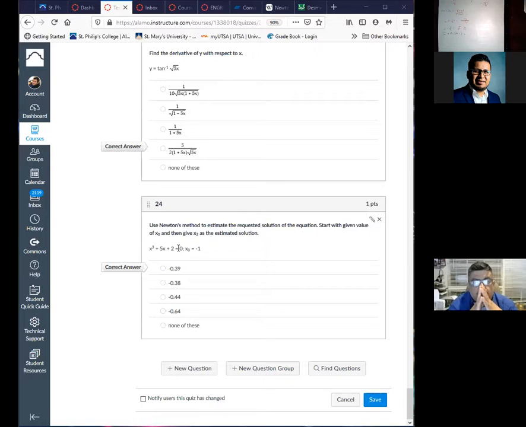And if you were to program this numerical method, you would have to build in a tolerance to tell the program when to stop. You can choose your own tolerance.